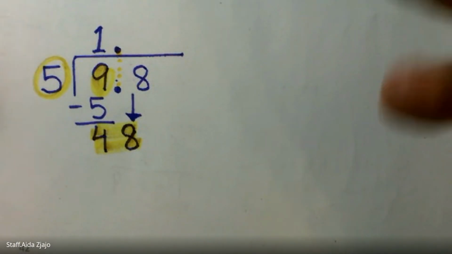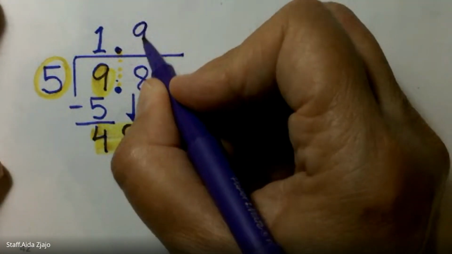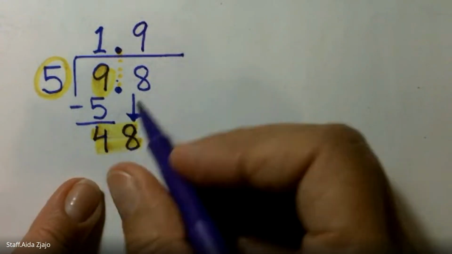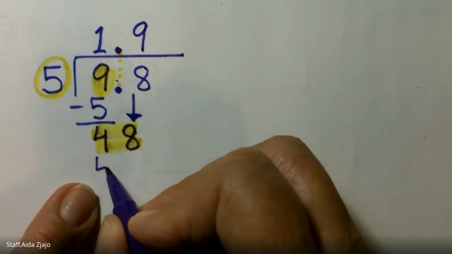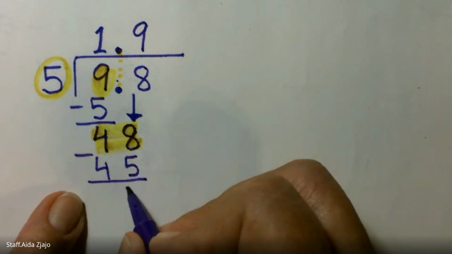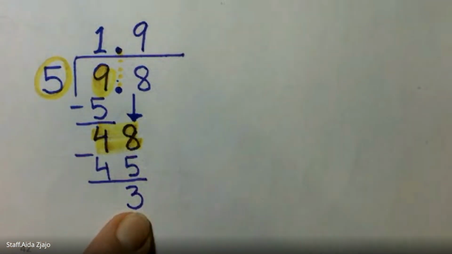So you have 9 groups of 5 in 48. But 9 times 5 is 45, not 48, so I will have a leftover. When you divide decimals, you do not have leftovers. You have to keep going and regrouping.